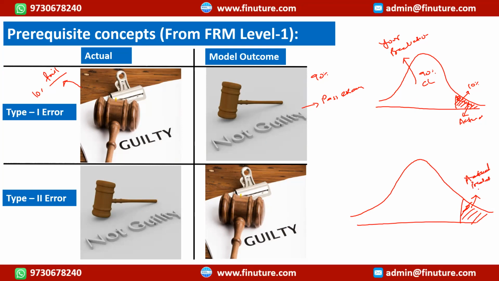Let me write the prediction only. Your prediction was from this area, but the actual outcome came from this region. So that is called a type 2 error. You predicted that someone will be faulty, but that was actually not faulty.